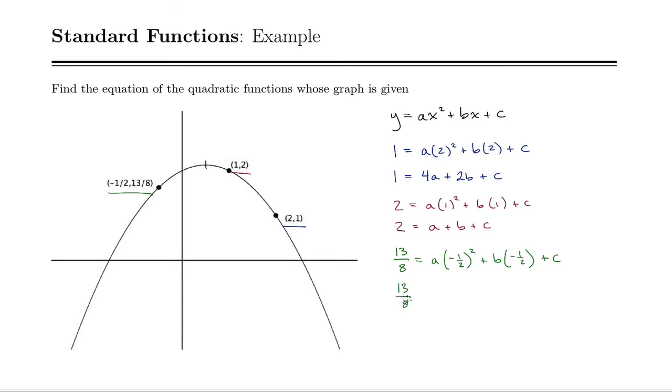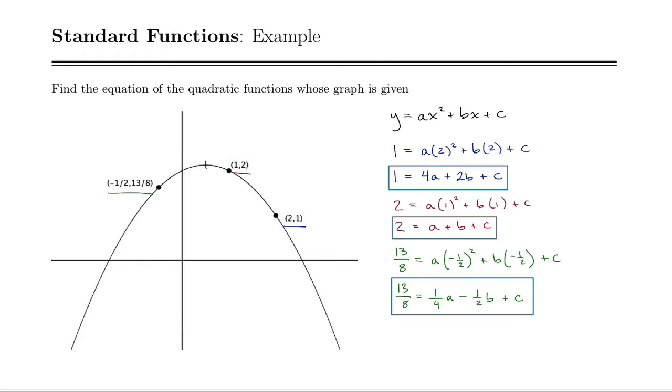So 13/8 equals 1/4 a minus 1/2 b plus c. Okay, now we've got to solve from these 3 equations. These are all our simplified forms. From those 3 equations, we need to solve for a, b, and c.